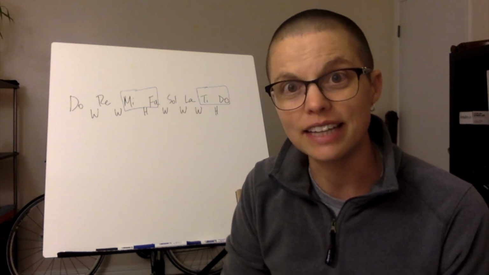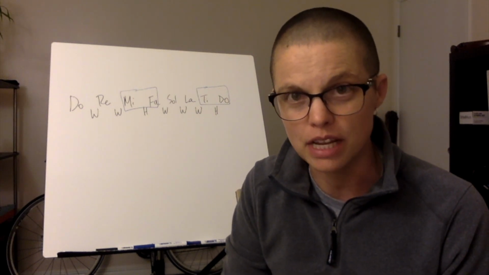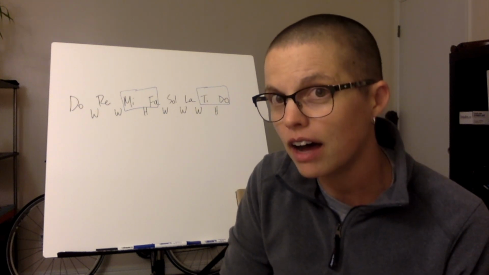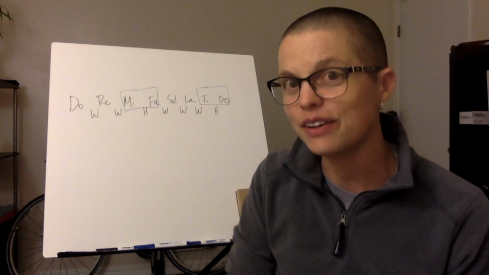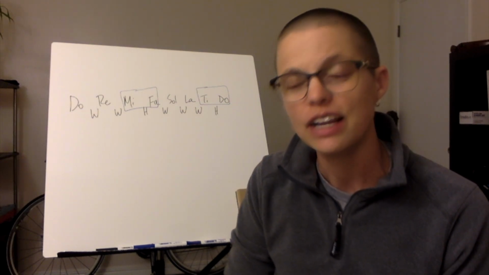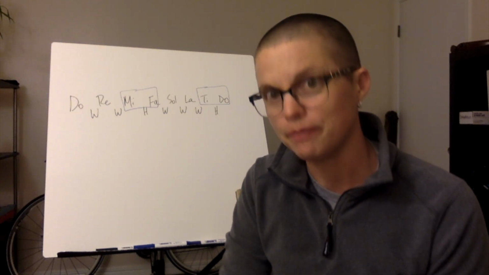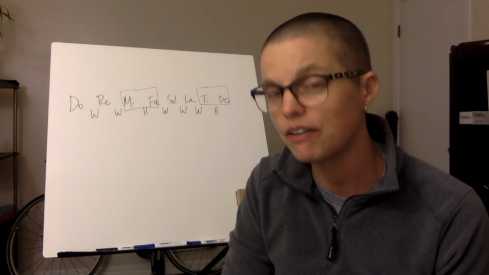So to find it, let's scale. We can either scale from where we're stopped, which is mi, up a half step, fa, up a whole step, sol, mi, sol, sol. There it is. You can do that, or if you still have do in mind, which you should, do, we know we're looking for this pitch, do, re, mi, fa, sol.